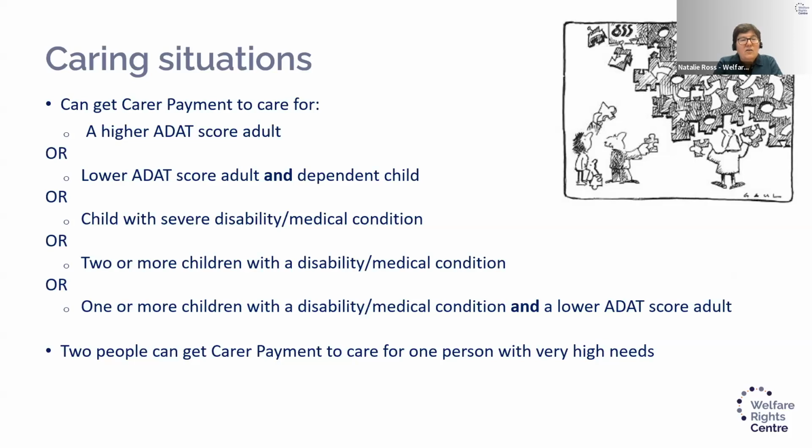So I think you can, but it would depend on whether you could show that you were meeting the criteria of constant care for those adults. But maybe I should check that because it's not on my list here. So is that two high needs adults is the question? Yes, they're wondering if you can essentially get two care payments, I'm guessing. No, you can't get two carer payments, if that's the question.